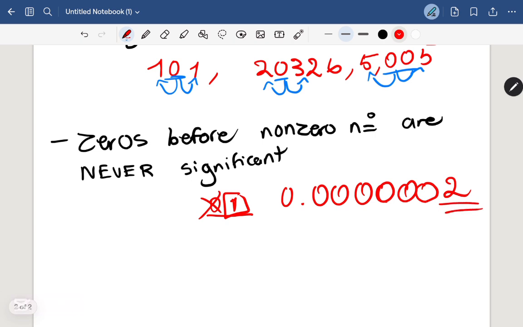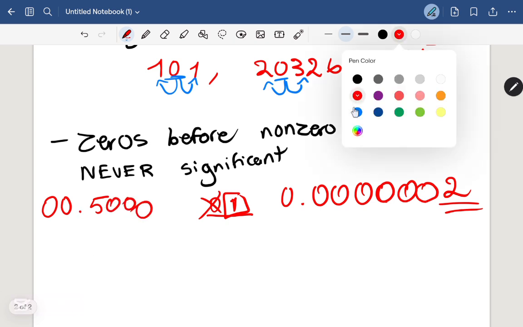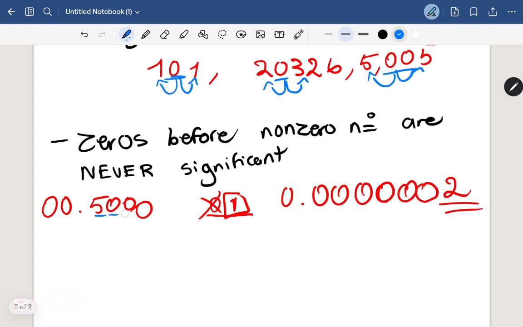You have only one significant digit, because zeros before a significant figure are never significant. You could have, for example, 0.5000. How many significant figures do you have here? This is a trick. You have 1, 2, 3, and 4 significant figures, because before the significant figure and before the decimal place, the zeros are not considered significant.